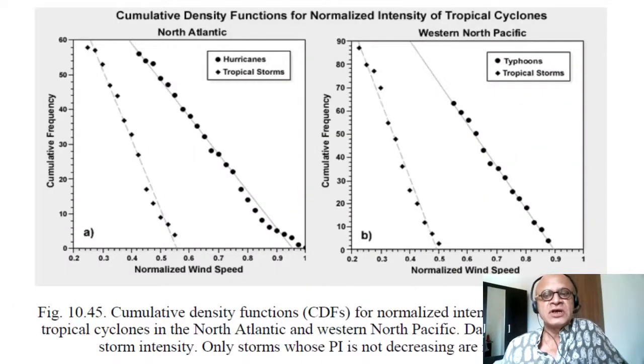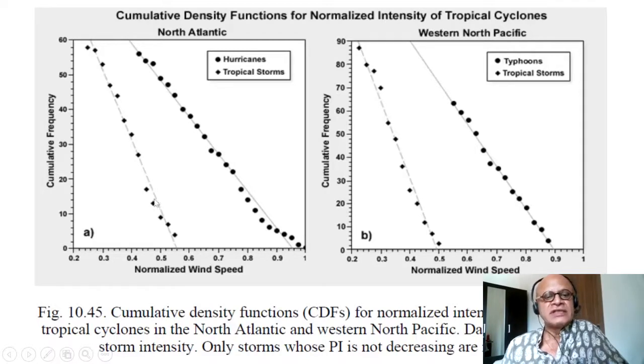It can also be used to see how real cyclones compare to these potential intensities and theoretical maximum velocities that the cyclones can accomplish. So here we are looking at normalized wind speeds. So cumulative density functions for normalized intensity, so actual divided by potential, for tropical cyclones in the North Atlantic and Western North Pacific. Data are stratified by storm intensity.